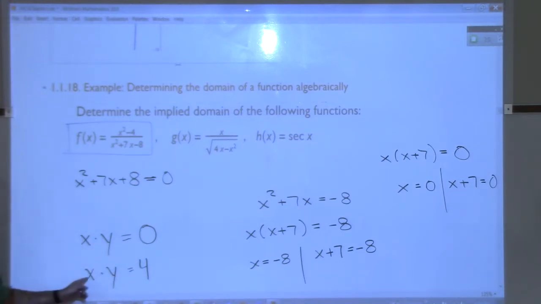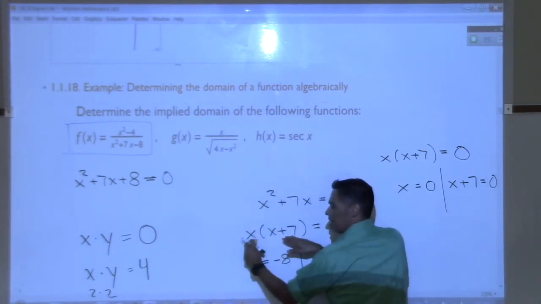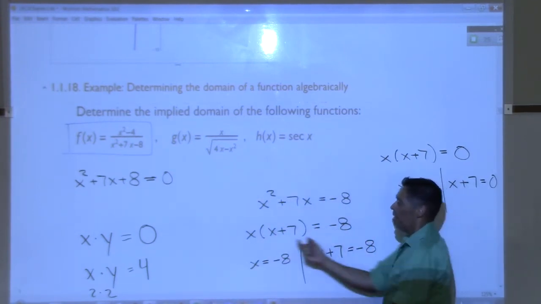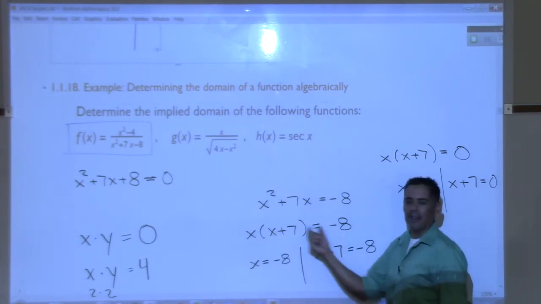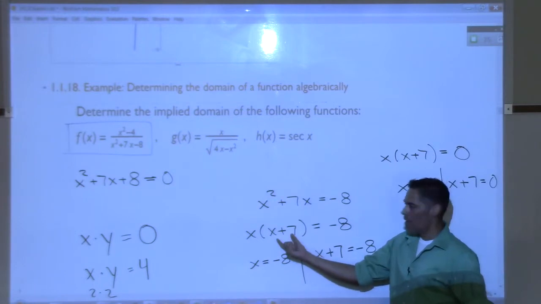No. Can you give me an example of two numbers that multiply to be 4 where neither one of them is 4? 2 and 2 would work, right? So if you have two things multiplying together to be something other than 0, it doesn't have to be that this one is negative 8, or that one is negative 8. Does that make sense? Okay.